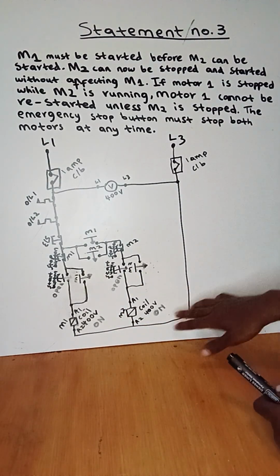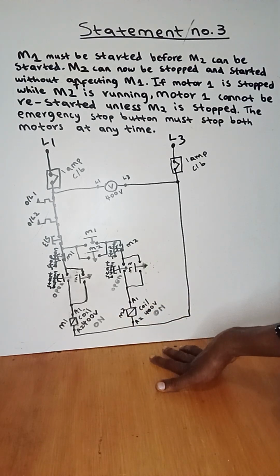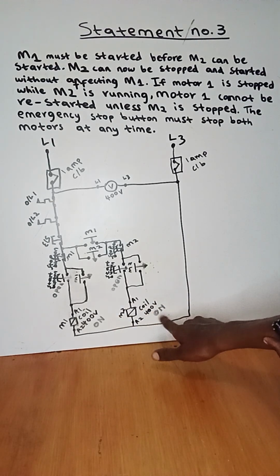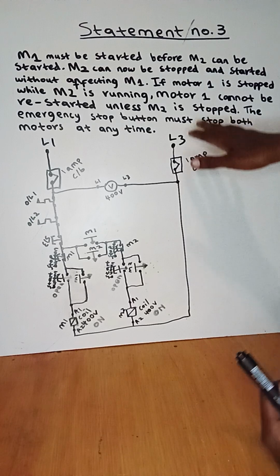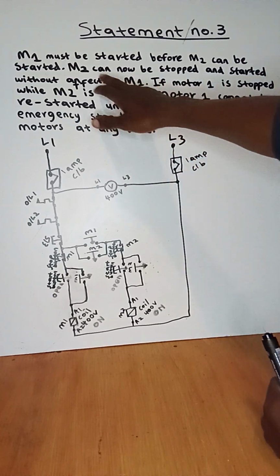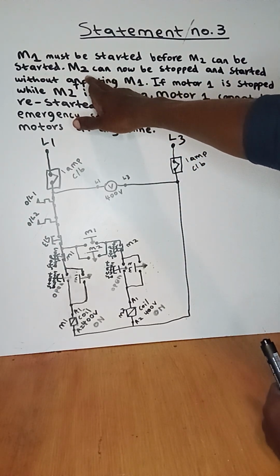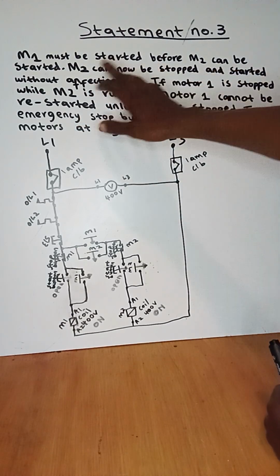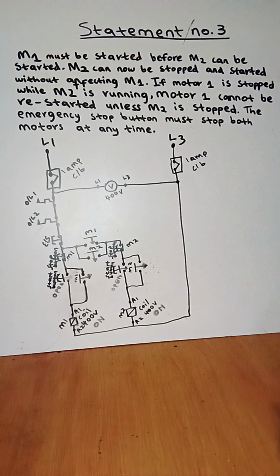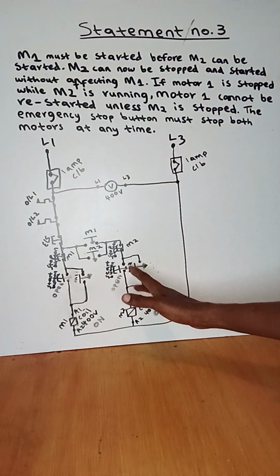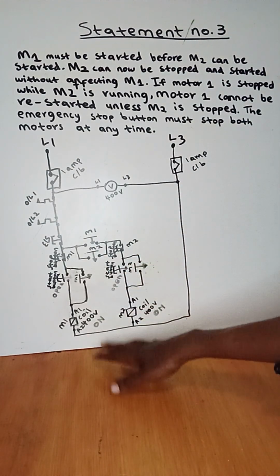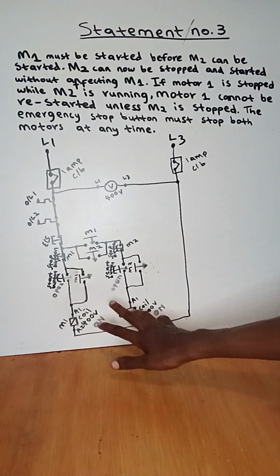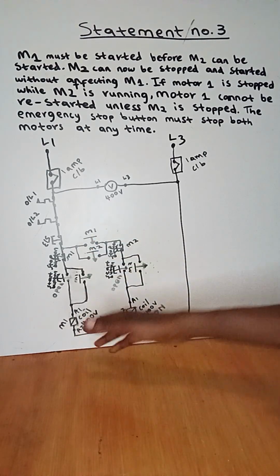Right, so right now my two coils are energized, and statement number 2 says motor 2 can now be stopped and started without affecting motor 1. So we need to stop motor 2 and start it again, in which it shouldn't affect motor 1.